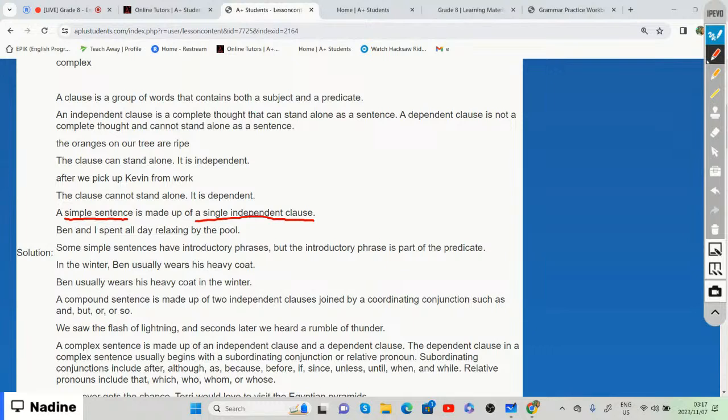Or we can even say Ben usually wears his heavy coat in the winter. So almost like the wording is just jumbled up.